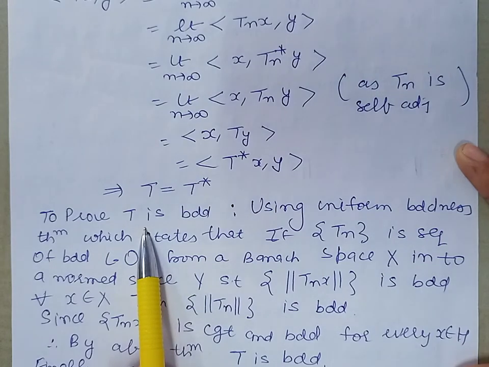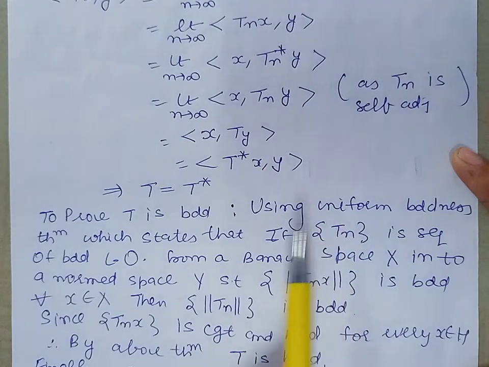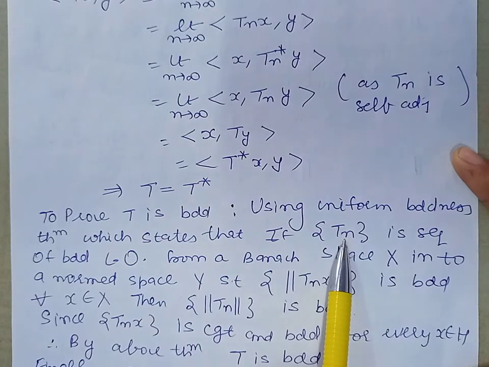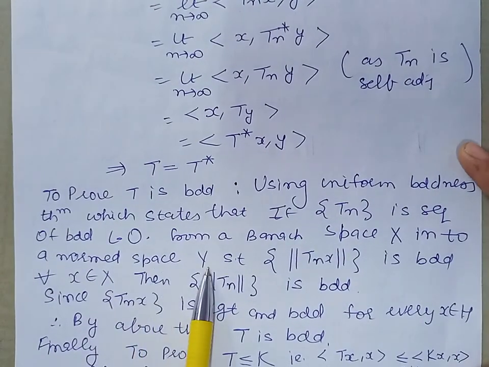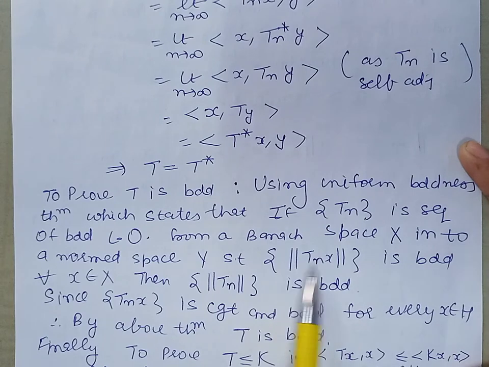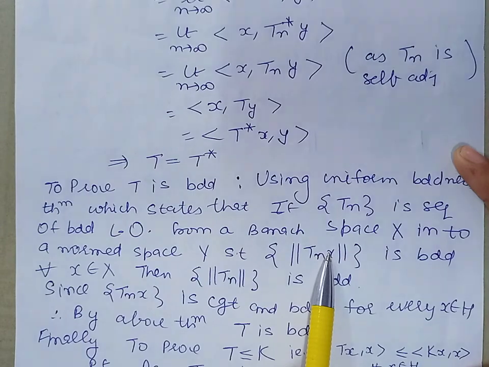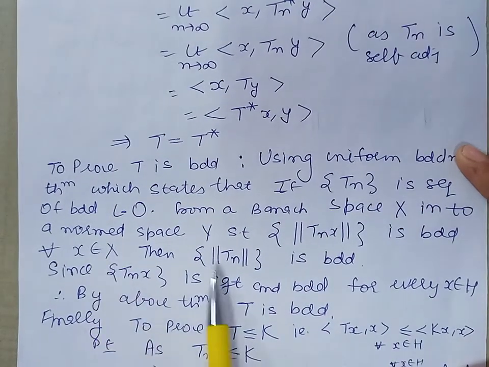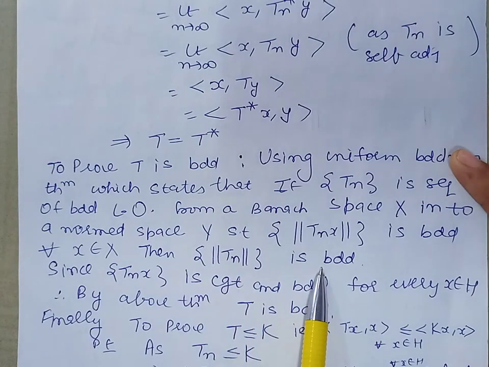To prove T is bounded, we will use the uniform boundedness theorem. According to the uniform boundedness theorem, if we have a sequence Tn of bounded linear operators from a Banach space X into a normed space Y, such that the sequence of norms of Tnx is bounded for every x belonging to X, then the sequence formed by the norms of Tn is also bounded.